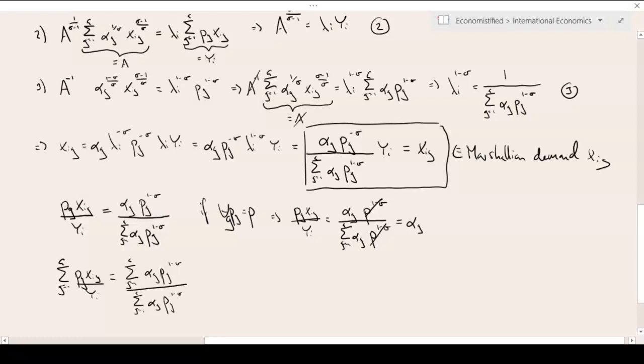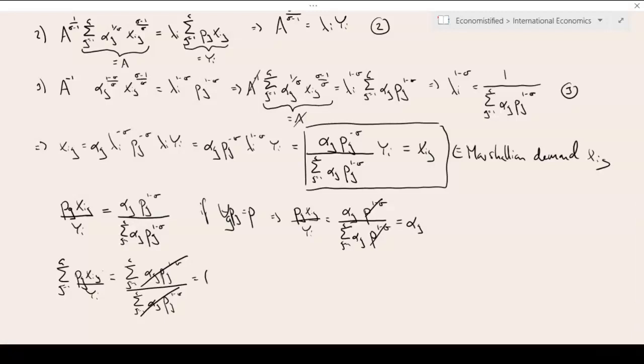Clearly on the right-hand side, these two things cancel and it's just equal to 1. And on the left-hand side, yi is obviously not dependent on g, so we just have that the sum of the consumption shares of each good sum to 1, as you would expect.